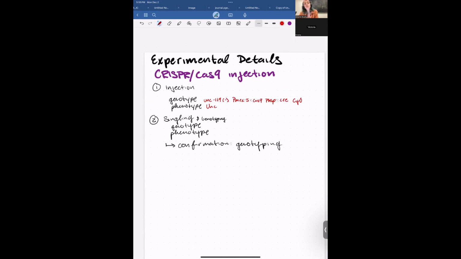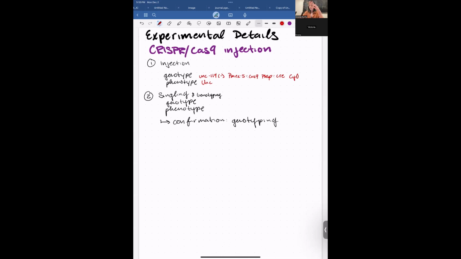Usually when we're trying to induce a large insertion, the odds of getting that insertion are quite small. So being able to see which worms are most likely to have the insertion is extremely useful. So this paper suggests putting within the GFP a sequence of a wild type UNC119.